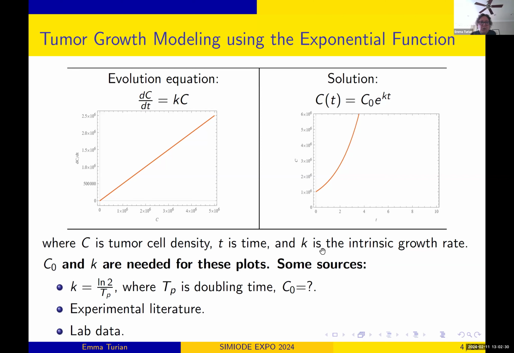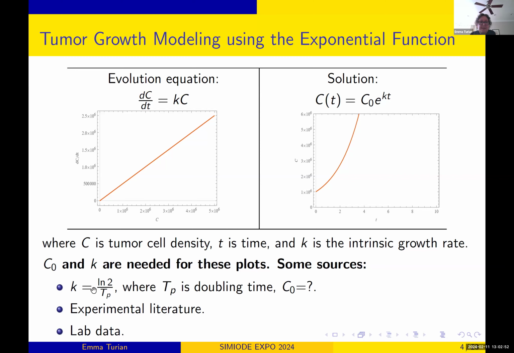What we go over in class is, we like to do these parallels between the equation and solution and discuss them in parallel. And then we discuss the sources for how to find parameter values, because we cannot plot the functions without the parameter values.